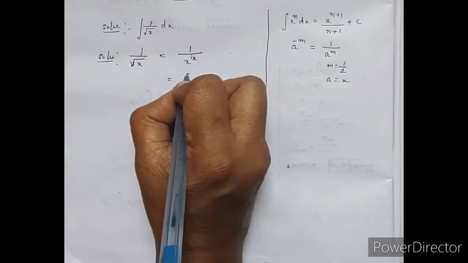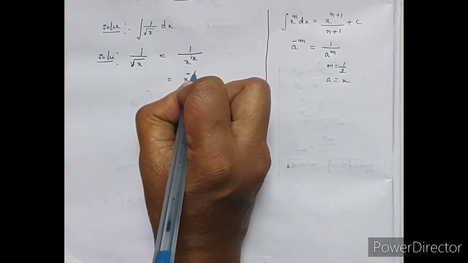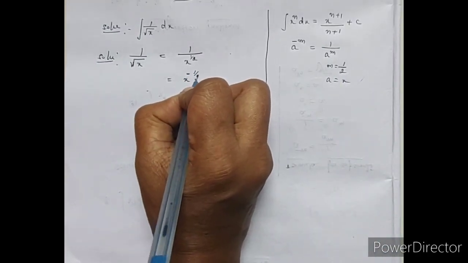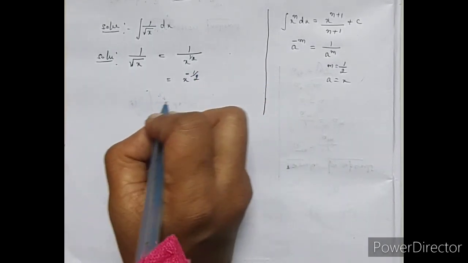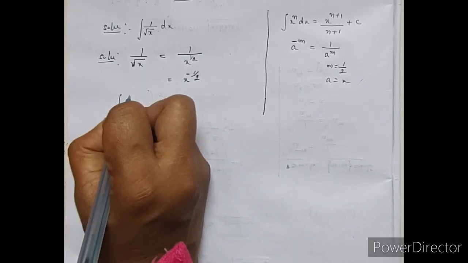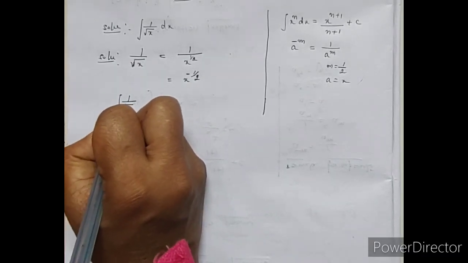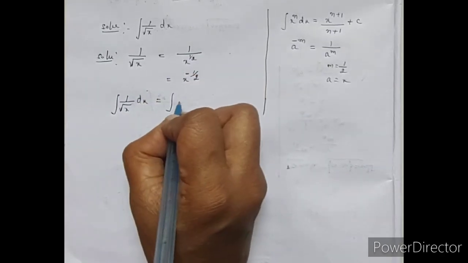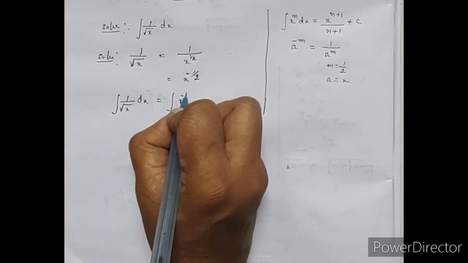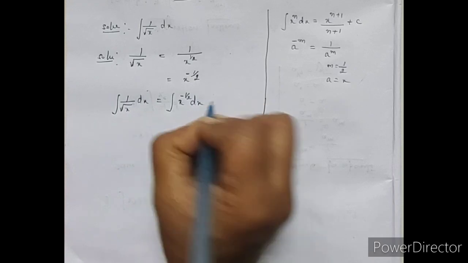What is m? m is 1 by 2, so it can be written as x raised to the power of minus 1 by 2. So integration of 1 by root x dx, according to the simplification, we can write as integration of x raised to the power of minus 1 by 2 dx.